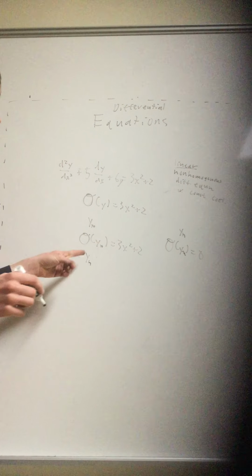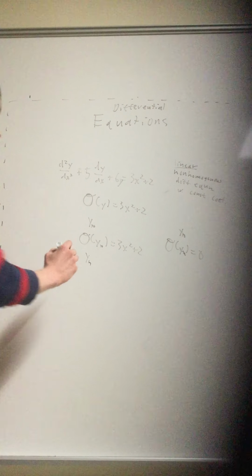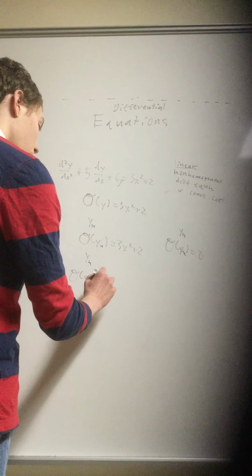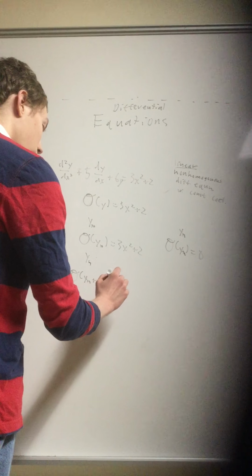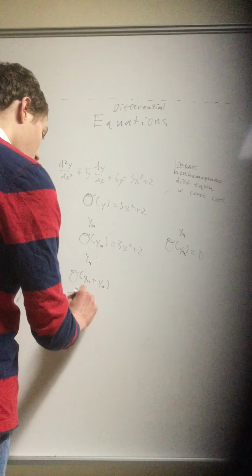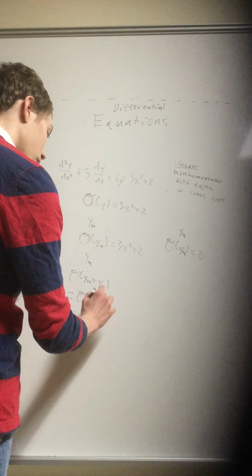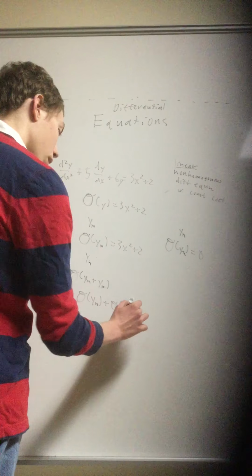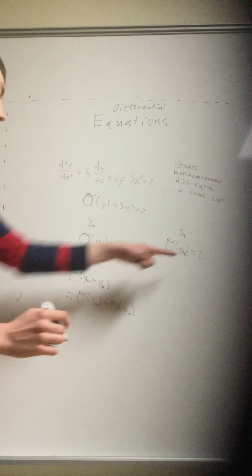What if we plug in y sub h plus y sub p? Well, O of y sub h plus y sub p is going to be equal to O of y sub h plus O of y sub p. O of y sub h is 0.